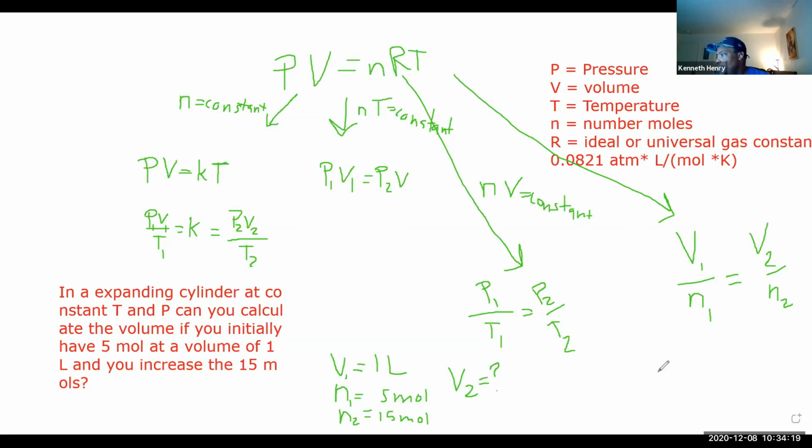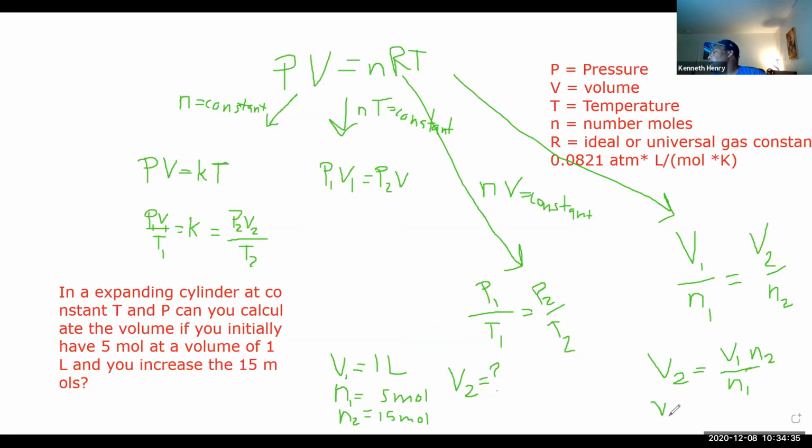So we solve for V2, and then we just plug and chug.